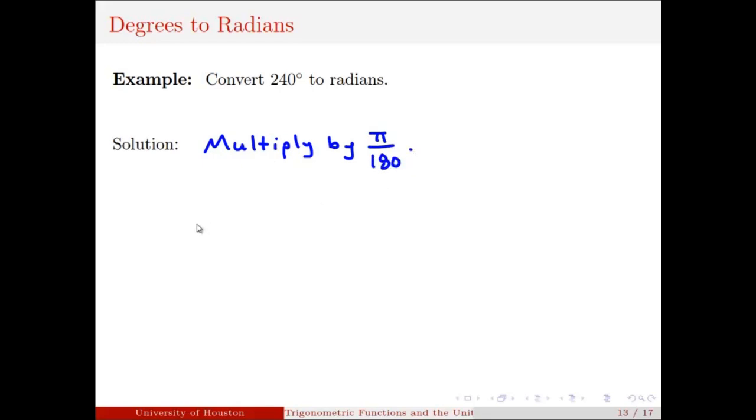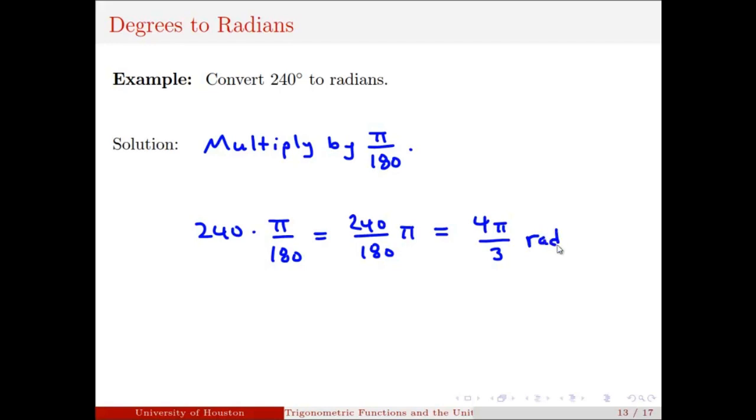We get 240 degrees multiplied by pi over 180 equals 240 over 180 times pi, which simplifies to 4 pi over 3. This shows that 240 degrees is equal to 4 pi over 3 radians.